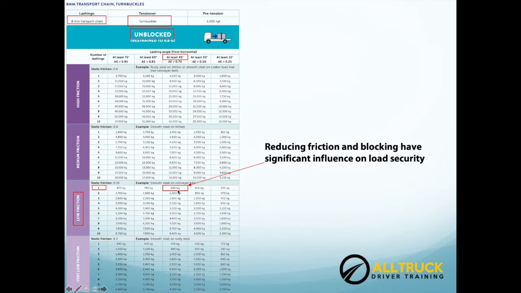That's compared to 7,000 kilos. So in that context, if my concrete block weighed 1,000 kilos, I would be undersecured. Huge difference, clearly, by having the high friction environment, the rubber load mat, and the blocking factor. Those two factors combined go a long way to provide security.